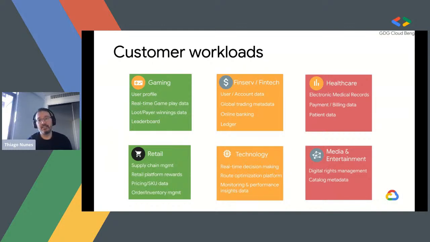The second thing that is very interesting is usually you're going to have players around the world. So with the multi-regional configuration that we've seen before, Spanner can supply that demand by bringing the data closer to your players, right? And finally, if your game has some kind of payment gateway, you're going to need to have strong consistency, right?